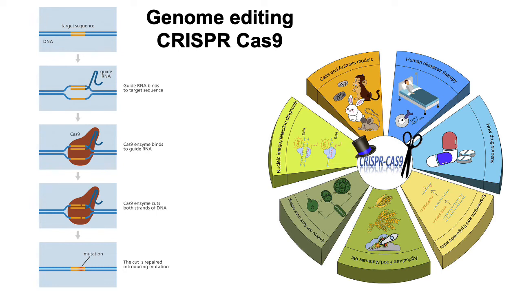But it's a very specific way to go in and edit or change the genome or the DNA of any organism. And there are many, many applications to CRISPR-Cas9, and you see a few of them in this circular diagram that I also have in this slide.